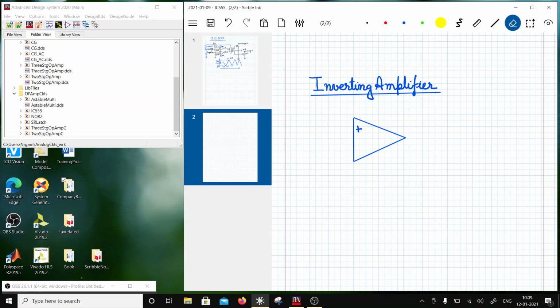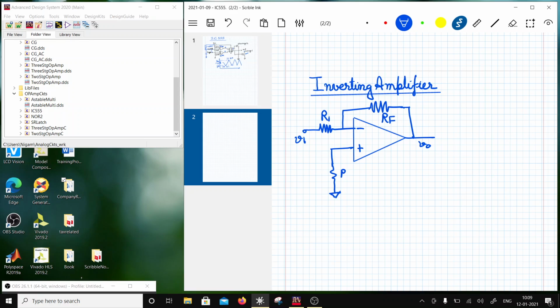Let's consider this to be a negative or inverting terminal, and this is a non-inverting terminal, and I have an output voltage here VO, an input resistance here R1, and then a feedback resistance RF. Then VI is applied over here, and I want to keep the impedance the same on both inverting and non-inverting, so I will have R1 in parallel with RF over here.